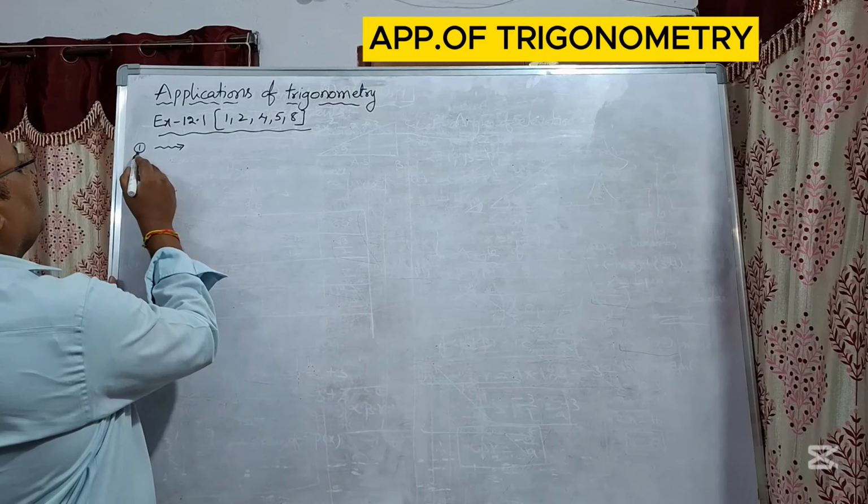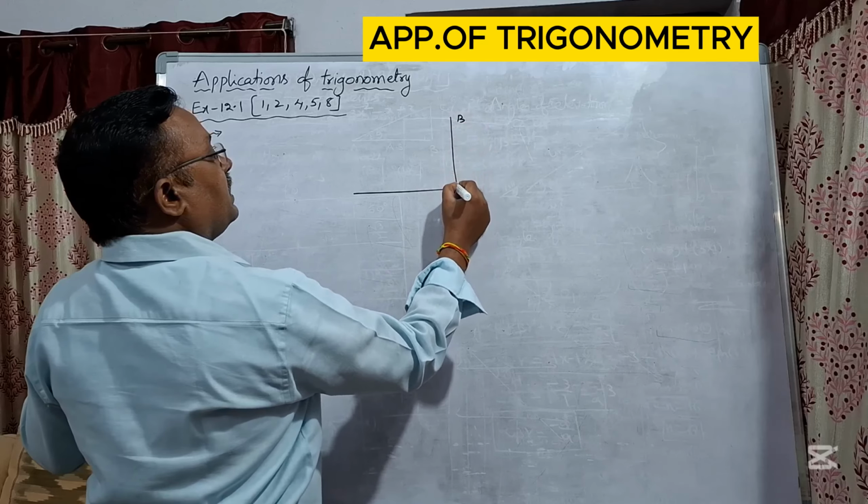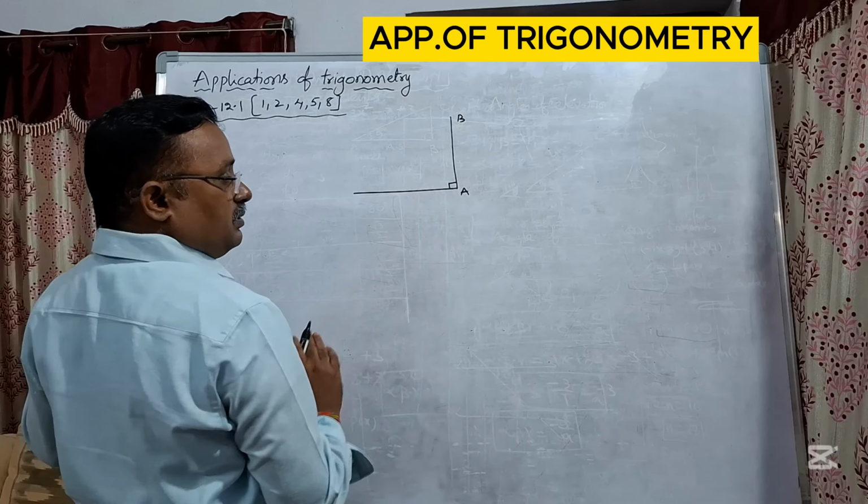What is the first problem? The word problem contains: a tower stands vertically on the level ground. Let us consider this is the level ground. AB is the tower standing vertically on the level ground.